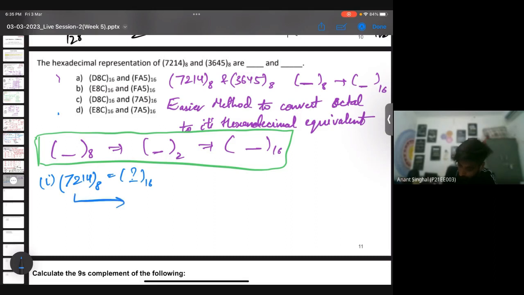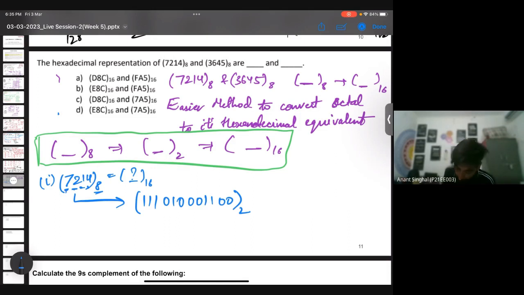If I try to make the binary equivalent of it, we just need to write the binary terms for the digits. For 7 it is 111, for 2 it is 010, for 1 it is 001, and for 4 it is 100. So octal to binary is quite easy.